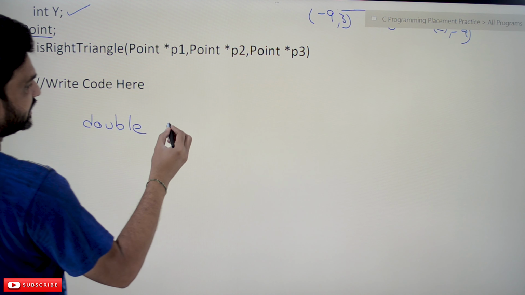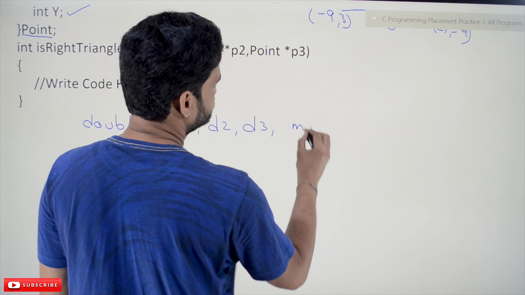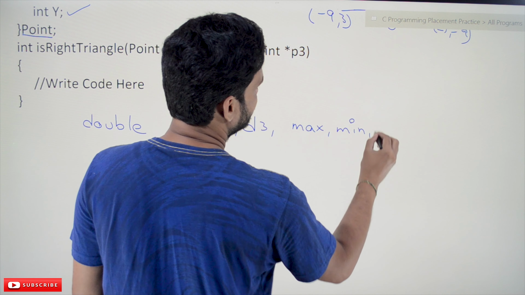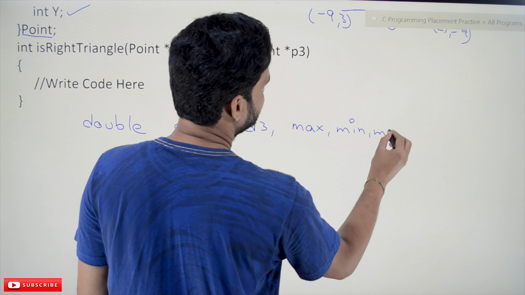The variables that we need to declare are d1, d2, and d3, and the other variables are max, min and mid.